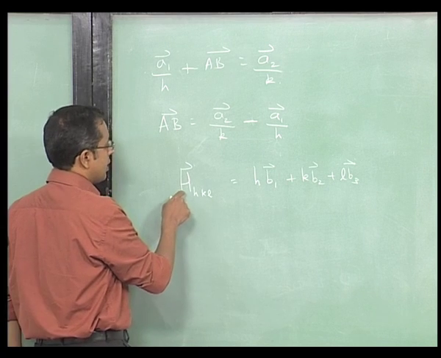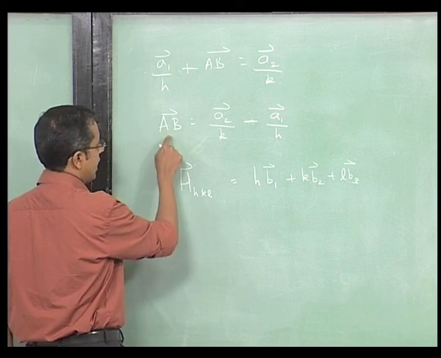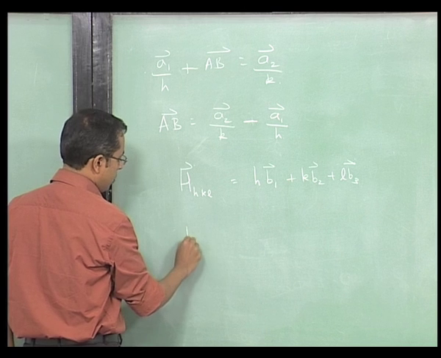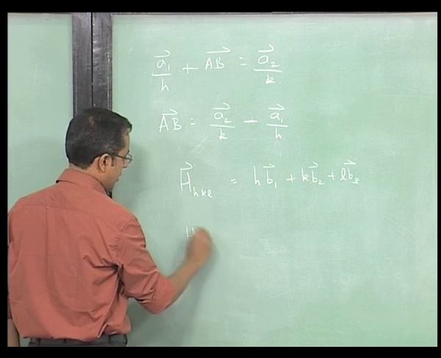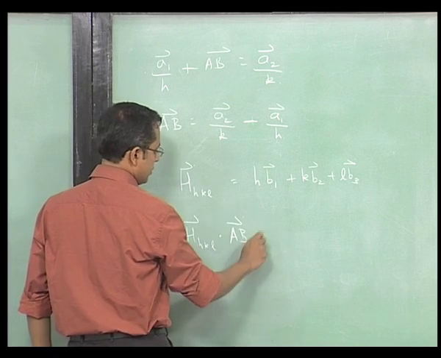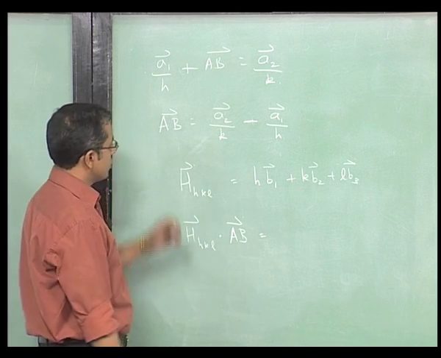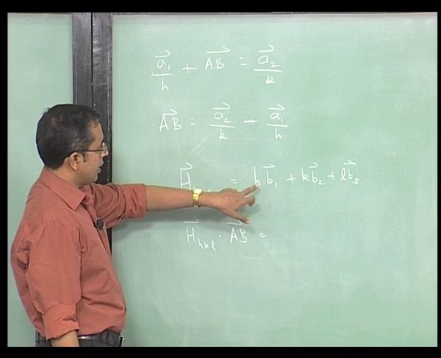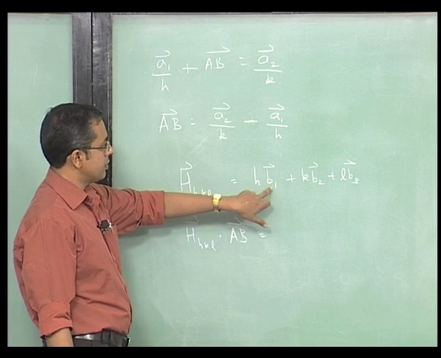So if you now take a dot product of HKL and AB, what will you get? So if you do HKL dot AB, okay.